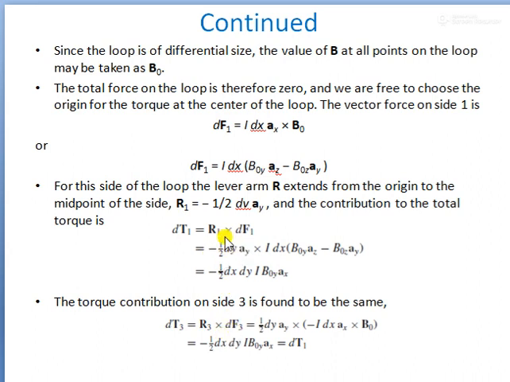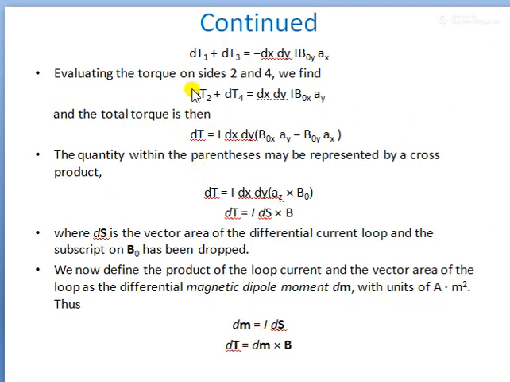R1 is negative, R3 is positive, and dF3 will be negative of dF1. So again we get the same final value, that is equal to dT1. Therefore dT1 is equal to dT3. Now dT1 plus dT3 will be equal to minus dx dy I B0y ax.